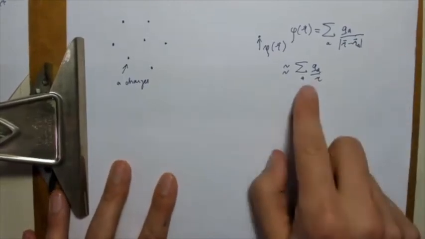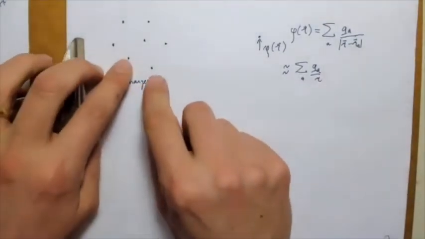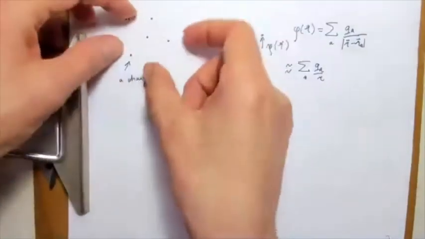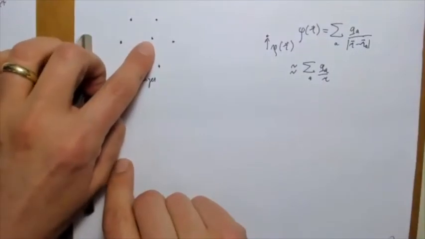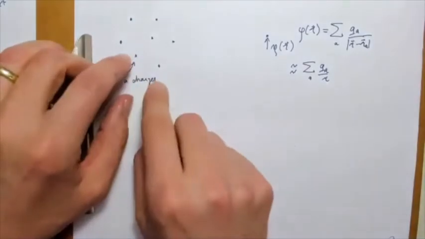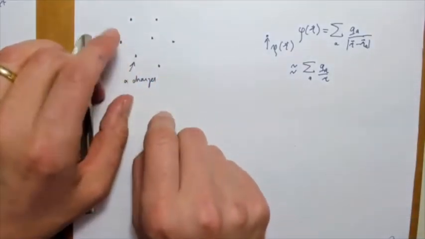All right, so if they're all together, let's say we got 1, 2, 3 positive, we got 2, 3, 4 negatives, and they're all together, we could say, well, this thing has a net charge of, let's say, -1 if they're all positive by the same amount and negative by the same amount.